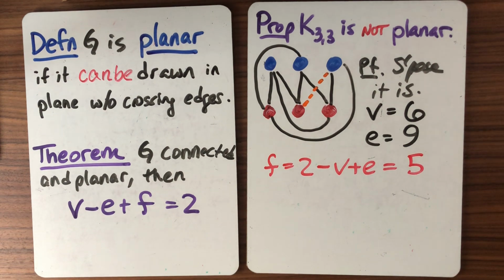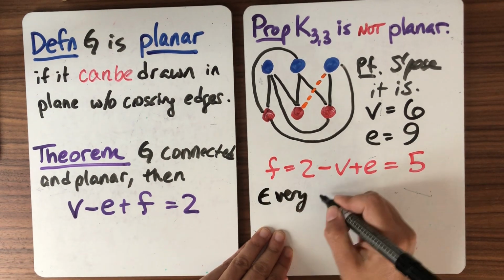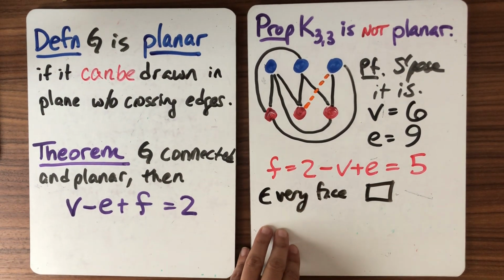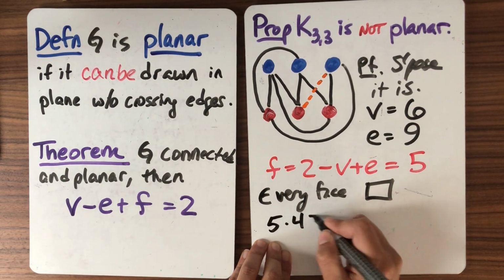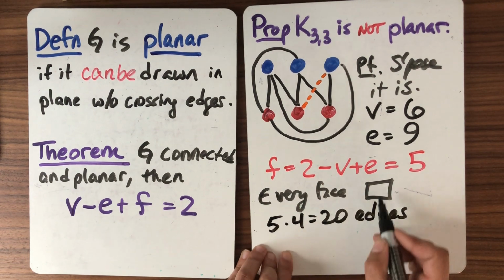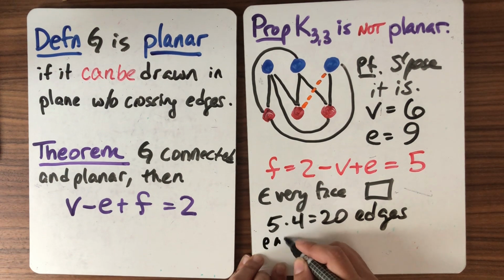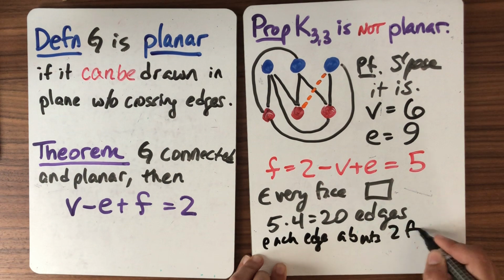Now we're going to do the same thing. What does a face look like in the complete bipartite graph? Well, in the bipartite graph, every face is going to be a quadrilateral of some sort. So we need 5 quadrilaterals, so we need 5 times 4 equals 20 edges. Each edge is shared by 2 faces, so each edge abuts 2 faces.